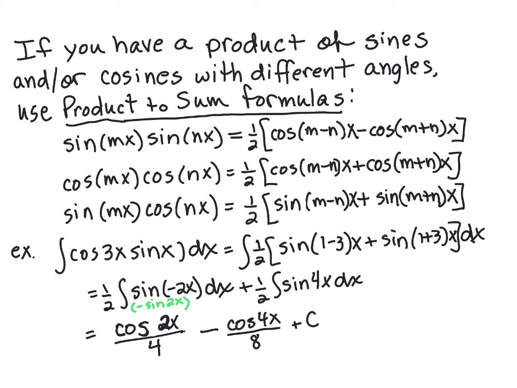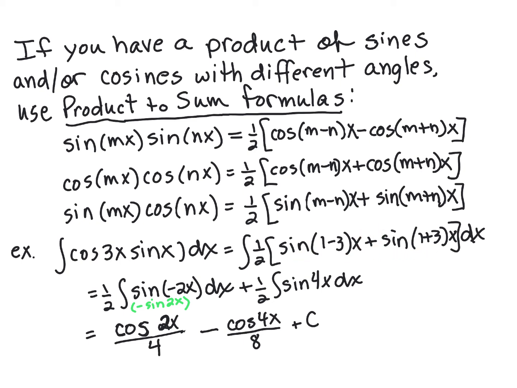So in reality, when you do need them, you'll be able to look them up. This example right here, we have cosine of 3x and sine of 1x. So you see it's a mixture of sine and cosine. We're going to use this formula. So my answer is going to go from the product of cosine and sine to the sum of sine functions.